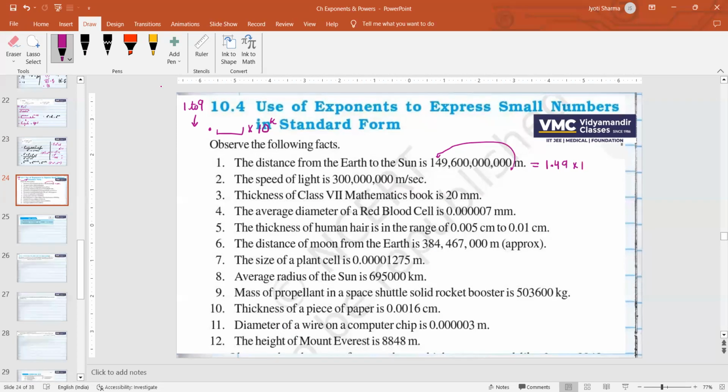Now, how many places has the decimal jumped? A very large number I have expressed in a very small way. So the 10 power will be positive. 1, 2, 3, 4, 5, 6, 7, 8, 9, 10, 11. So it will be 11 places the decimal has jumped.